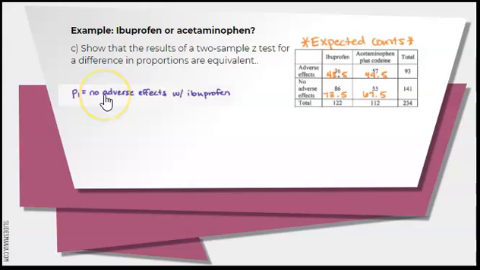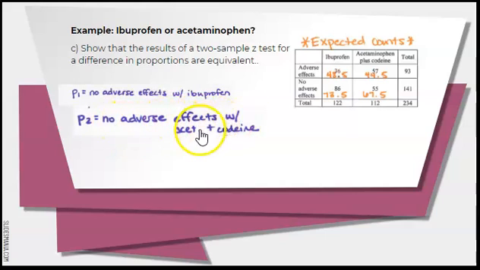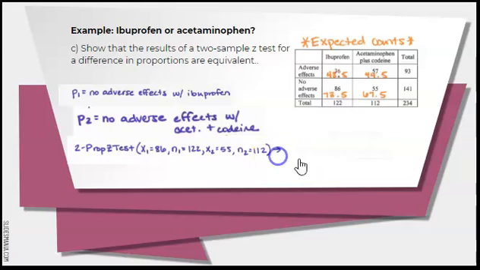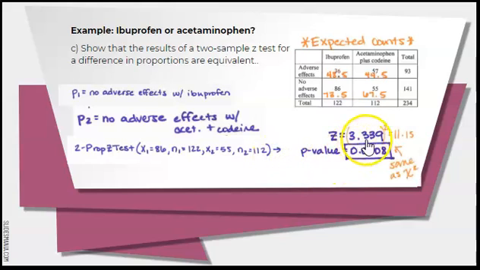So if P1 is the proportion who had no side effects with ibuprofen, and P2 is the no adverse effects with the acetaminophen and codeine, and I do a 2-sample z-test with that, I get a z-value of 3.339.